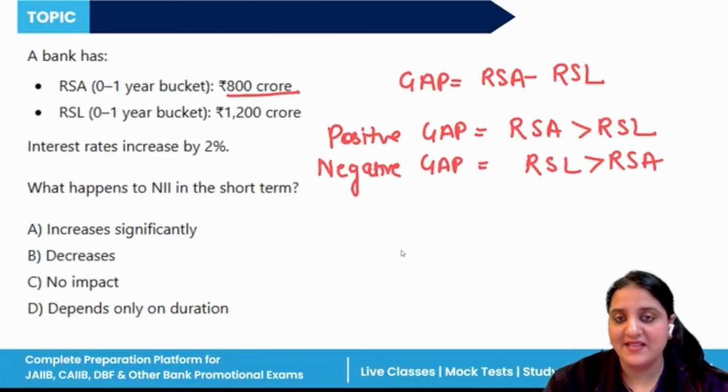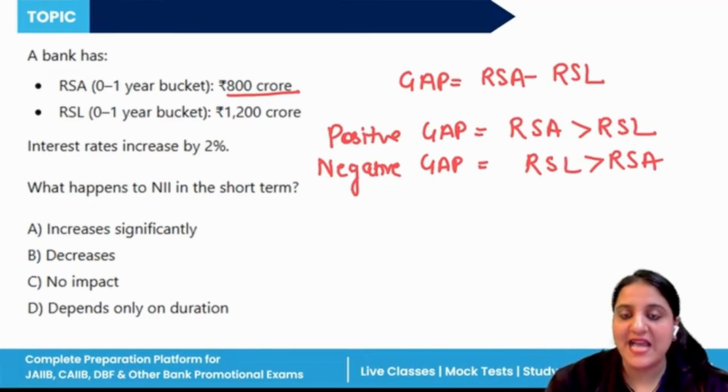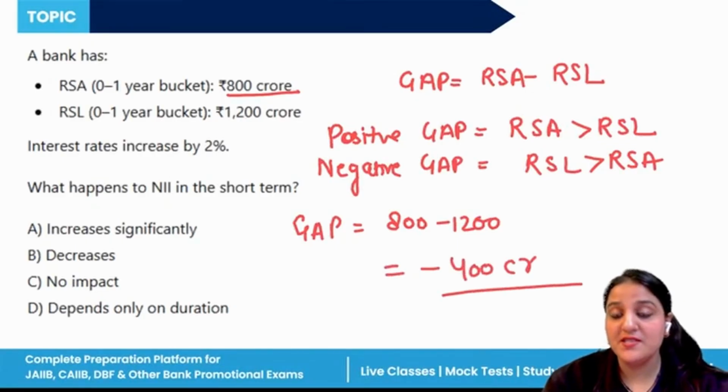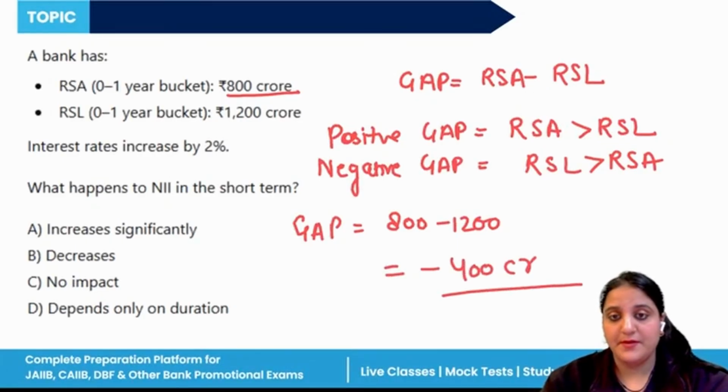So if a bank has a 0 to 1 year bucket, how do we find the answer here? Very simple. First find the gap, that is 800 minus 1200 crore, which is minus 400 crore. So this is a negative gap.